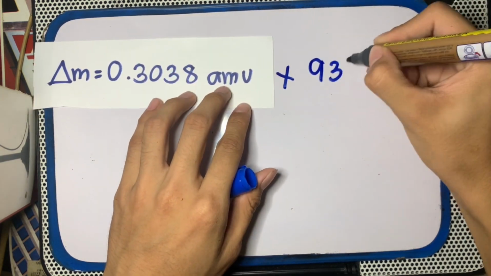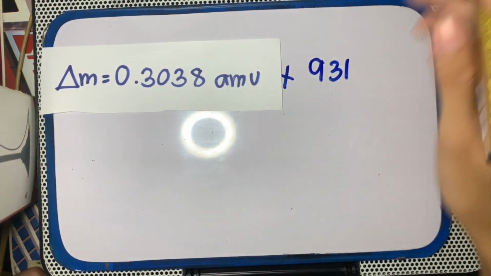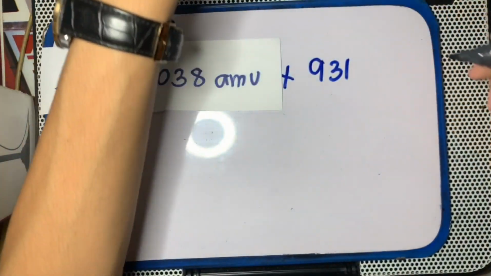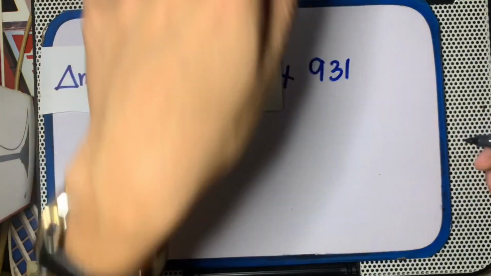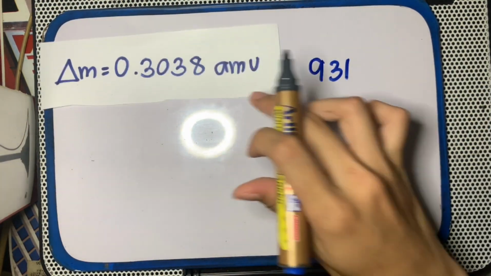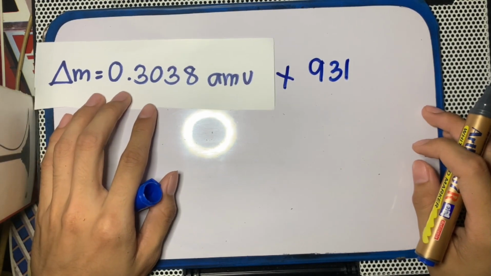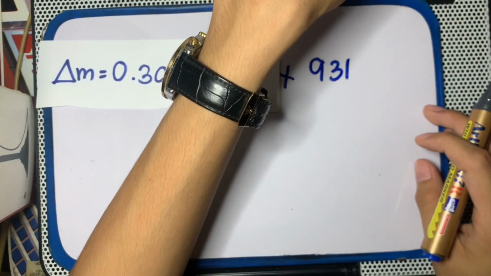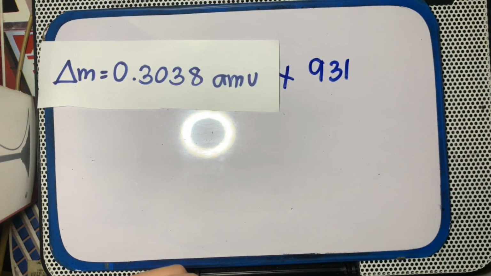This 931 is because 1 AMU is equal to 931 MeV.